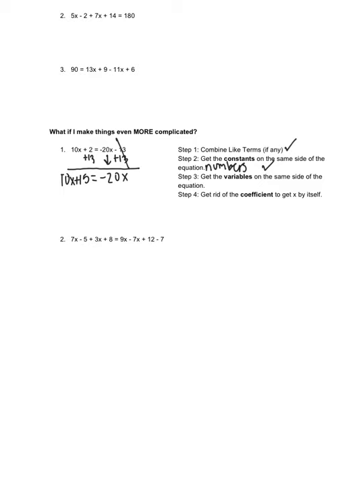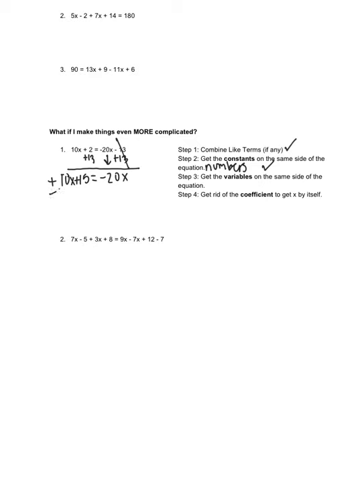Step 3 says to get the variables on the same side of the equation. So that means I have to get this positive 10x over to the right side, because I want to get the variables on one side by themselves. So I need to move those x's. I can see that this 10x right here is positive, so to get rid of it, I need to subtract it. I need to do the inverse.